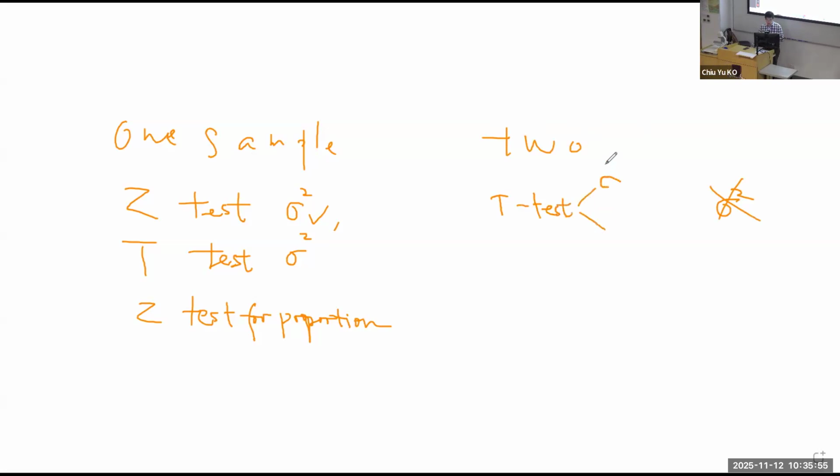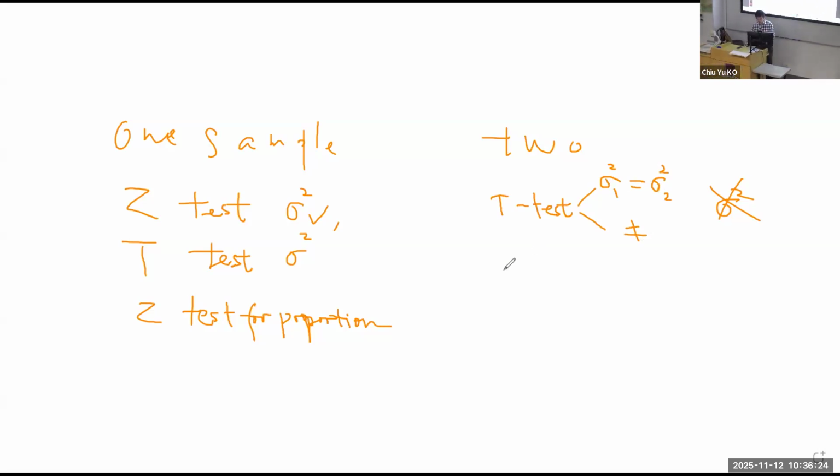Assuming sigma 1 square equals sigma 2 square, you estimate the pooled sample variance. And in the case that they're not equal, you use separate variances, but the degree of freedom has to be adjusted with a very complicated formula. So those are the 2 things we cover.